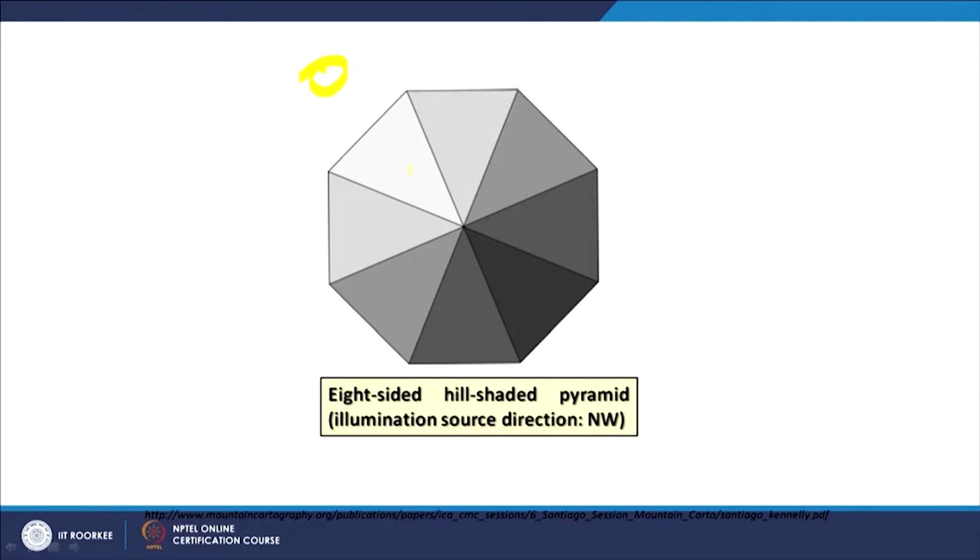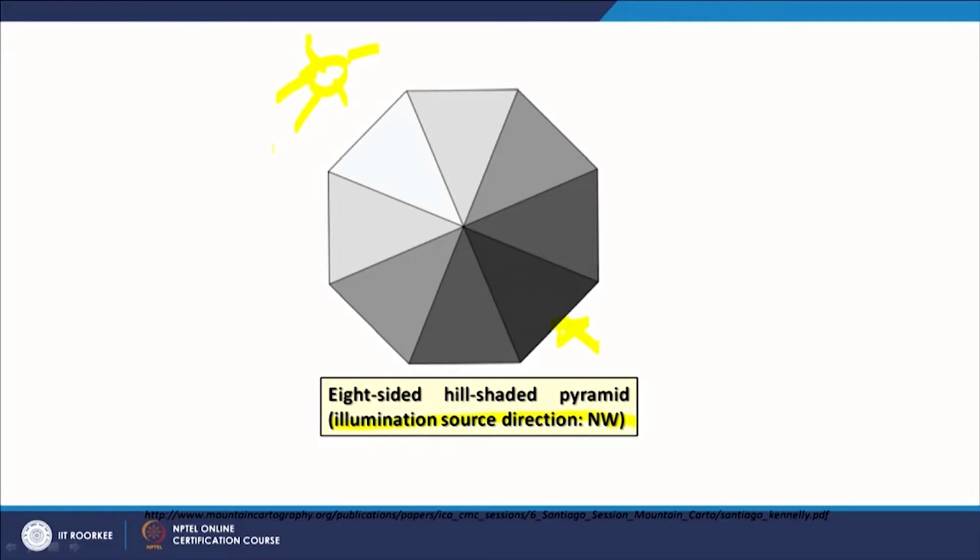So it is not 100% white, and this is also not 100% dark, but it depends on the height of the sun and, of course, the slope. The illumination source direction, as I have already said, is northwest in this scenario. So, 8, because like aspect, we follow similar things here also.